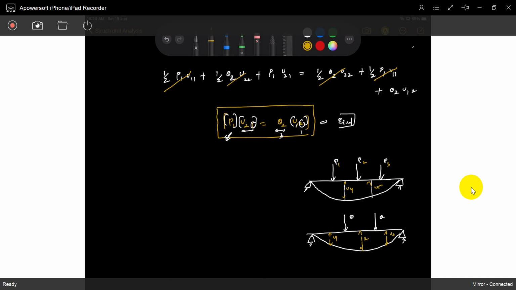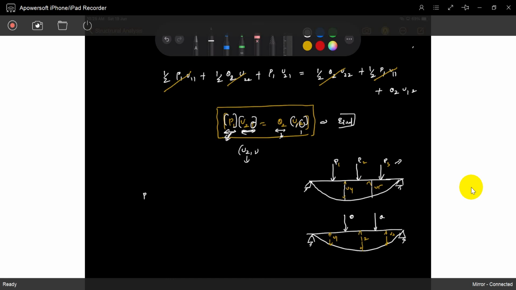What is exactly meant by Betti's theorem? Force in the first system, the P system, and the deformation caused by the second system, in the direction of the same first system forces.